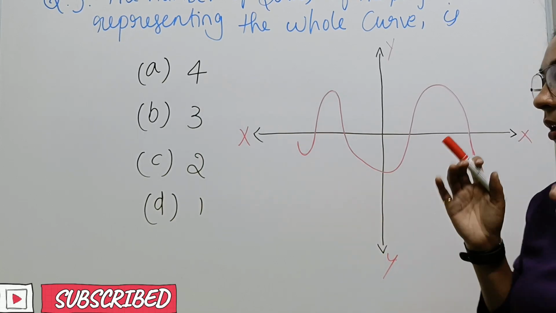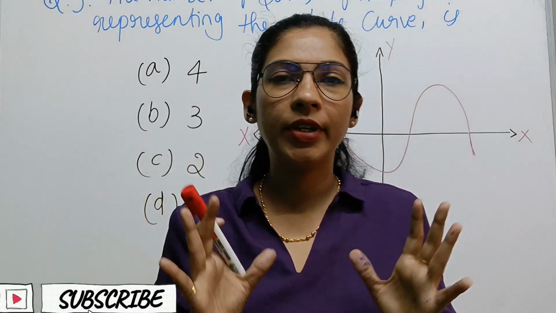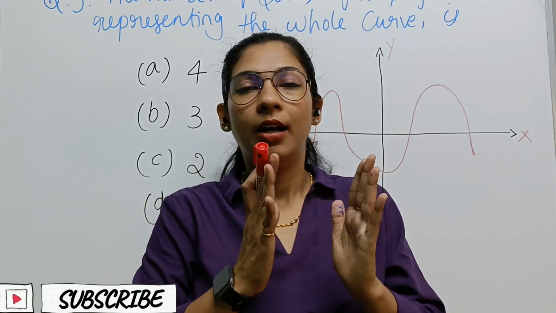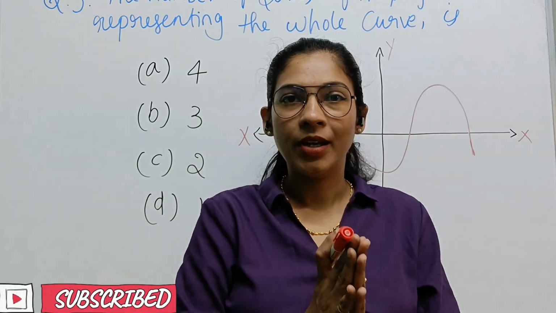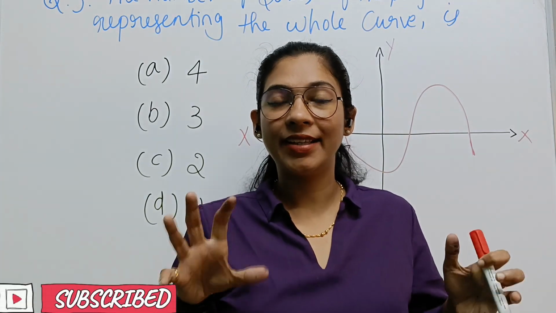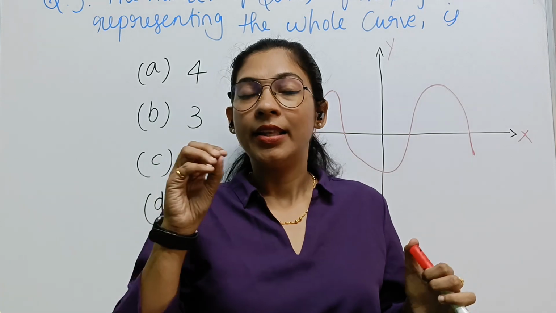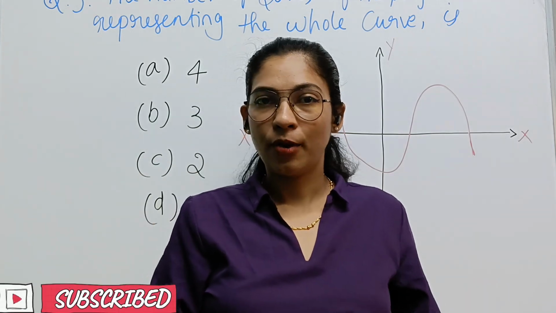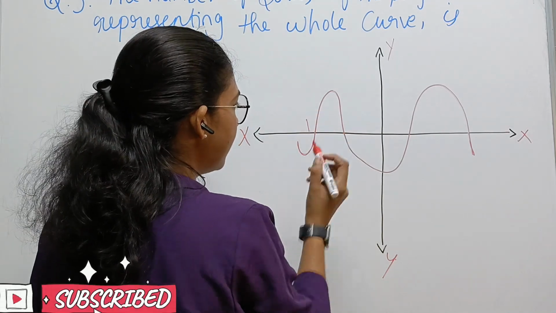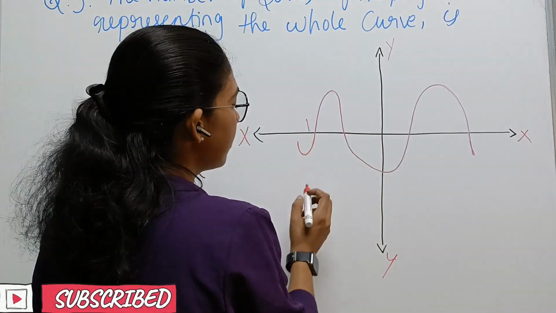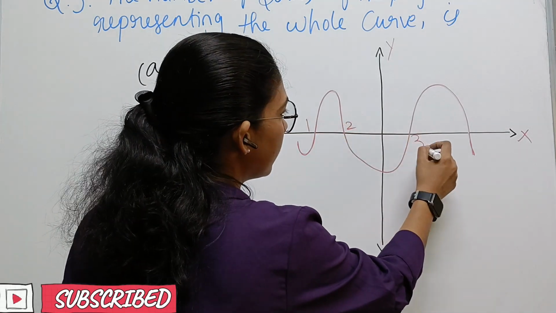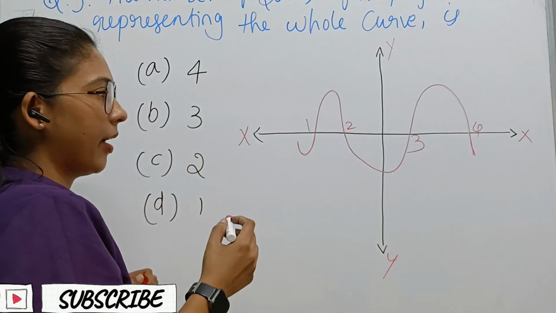Okay, so for a graphical representation, we have to find out the zeros by checking the curve. That is, how many times the line touches the x-axis shows the number of zeros of the polynomial. Here in this case, this curve touches 4 times: here 1, the first, second, here 1, 2, 3 and 4.